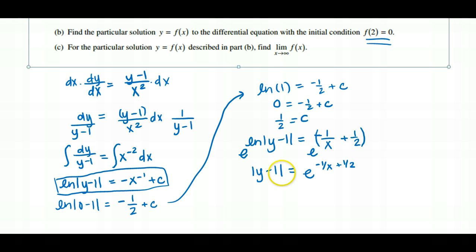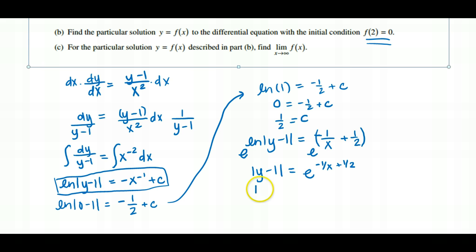And now I just have to make sure that I choose the right option here when I use my initial condition. So my options are either just to remove the absolute value bars or make it negative the quantity y minus 1, and that depends on the initial condition. So if I plug 0 in for y, I'm going to end up with a negative value, which I'm going to need to force to be positive, so that means I need to switch this.